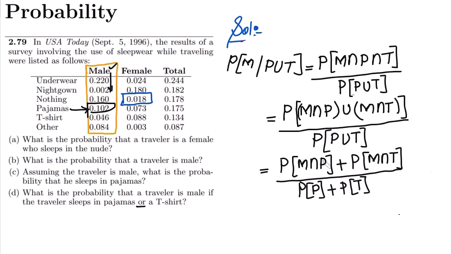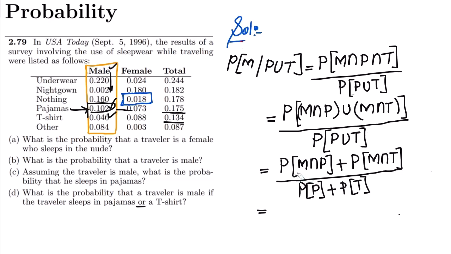Okay, so now we have all the data available. If he is male and wears pajamas, this is written here. If he is male and wears a t-shirt, this is available here. The probability that he wears pajamas is here, and the probability that he wears a t-shirt is also written here. So let me write these values.